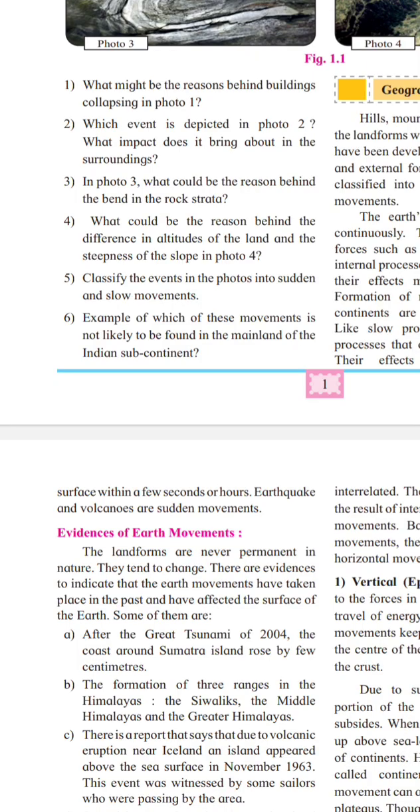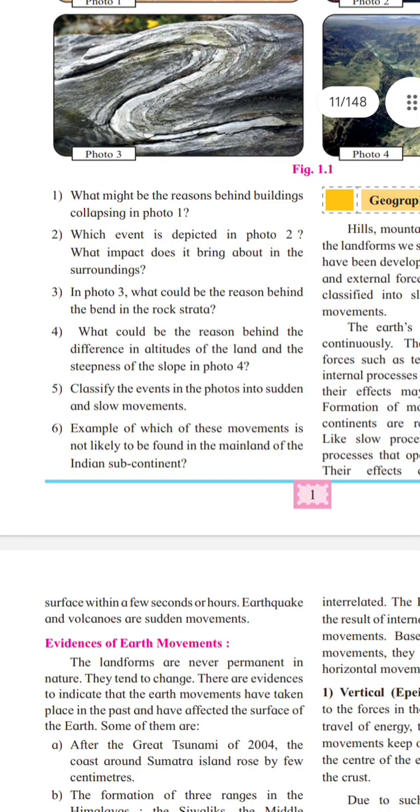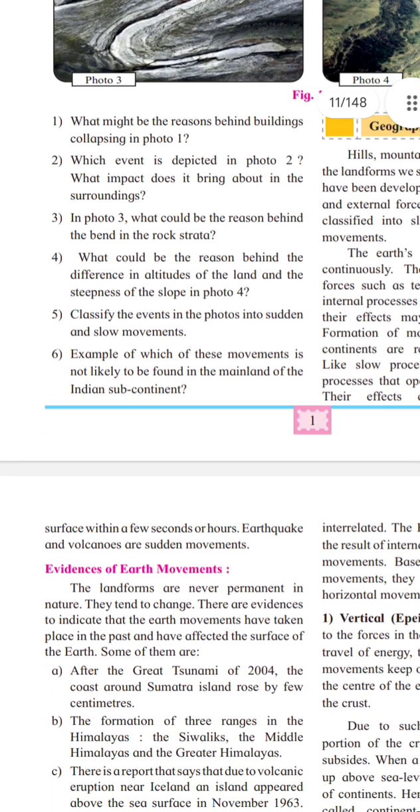In some books there are different questions, like why are there different heights and steep slopes in photo 4. So we will take a common answer. The earth's surface is not flat because of slow earth movements, over millions of years. Some parts of the land rise while others sink. As a result, mountains, valleys and plateaus are formed, and there is a height difference and altitude difference too.